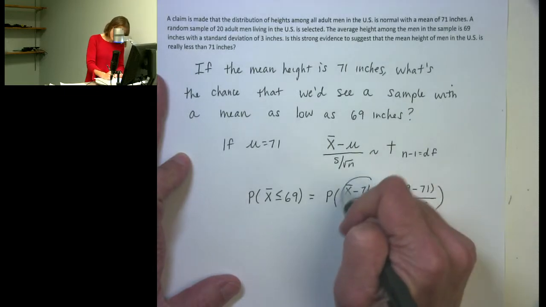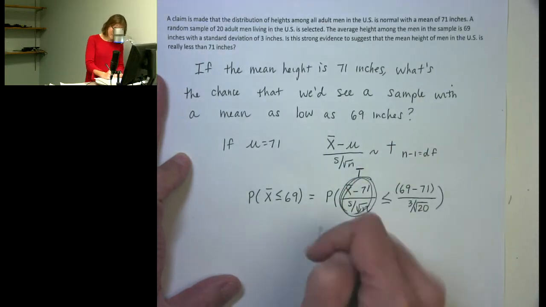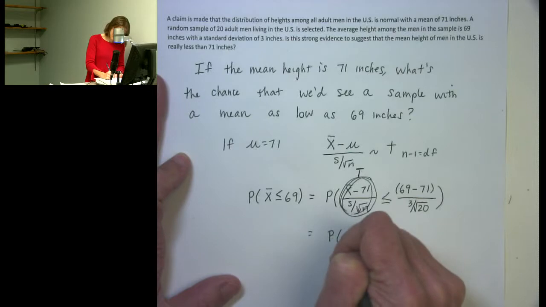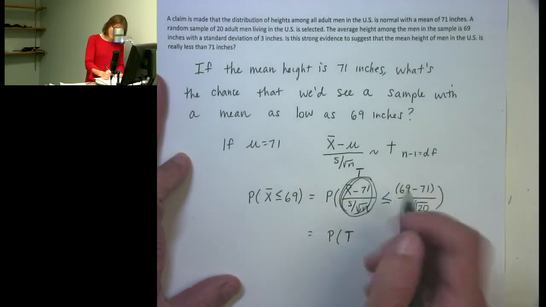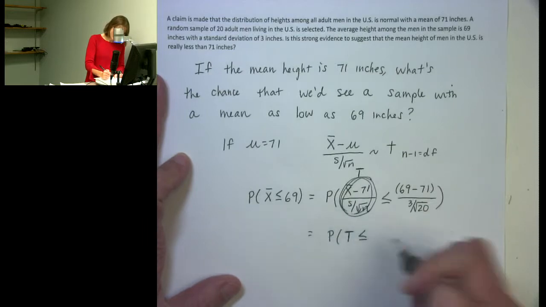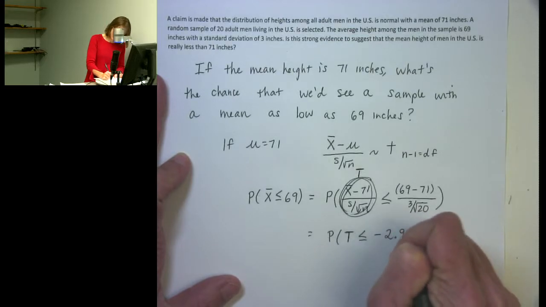We know that this quantity, if the claim is true, has a t distribution. So that's the probability that we'd have a t random variable with n minus 1 degrees of freedom have a value less than or equal to, doing this math, negative 2.9814.